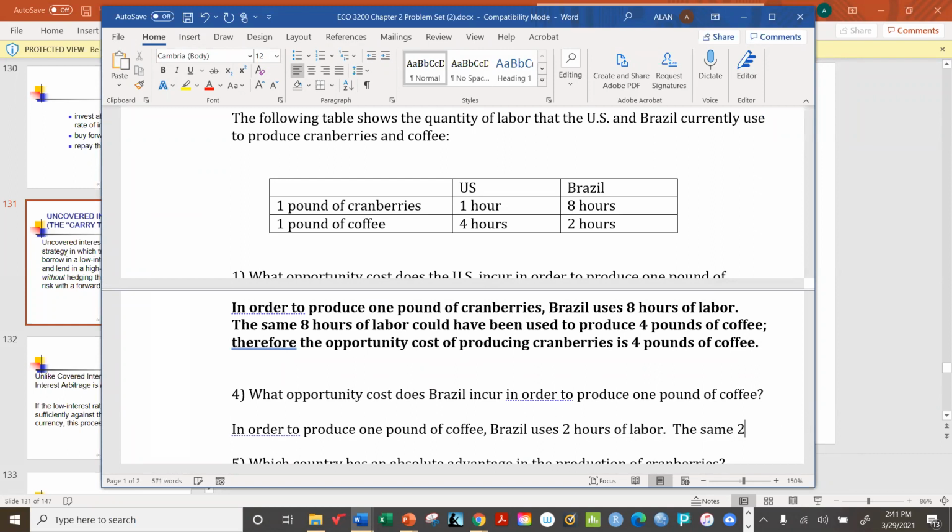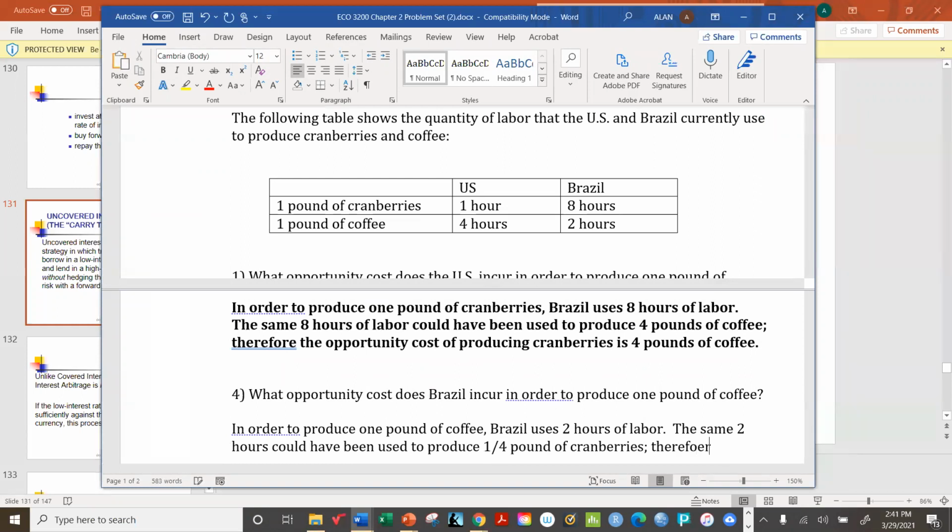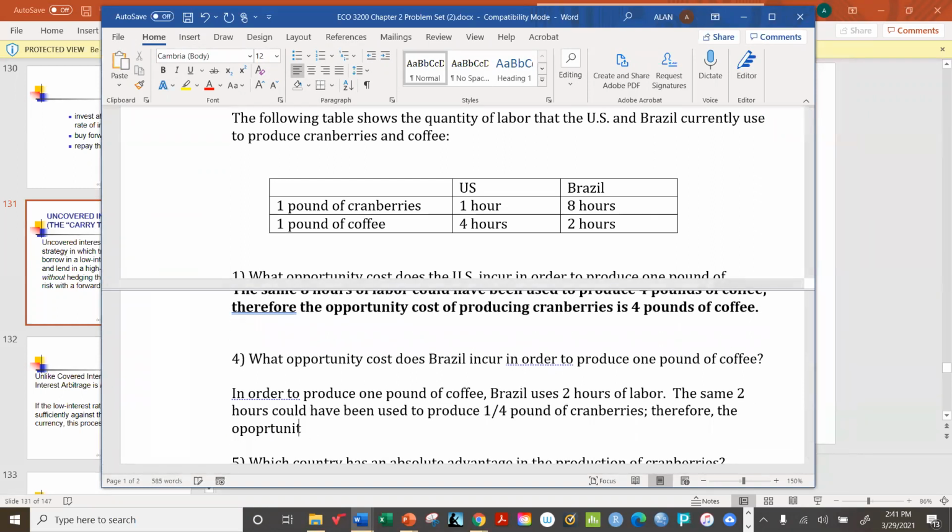The same 2 hours could have been used to produce 1/4 of a pound of cranberries, given that it takes 8 hours to make a pound. Therefore, the opportunity cost of producing a pound of coffee is 1/4 pound of cranberries.